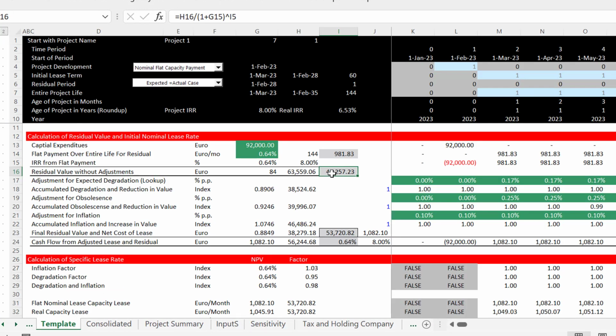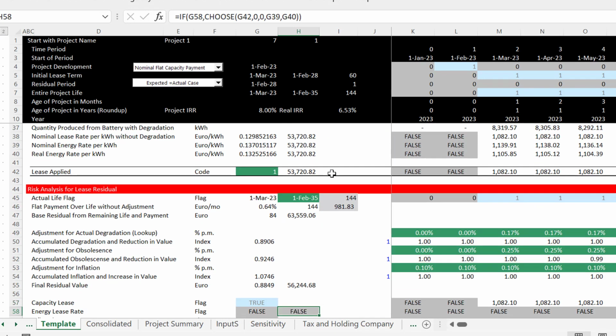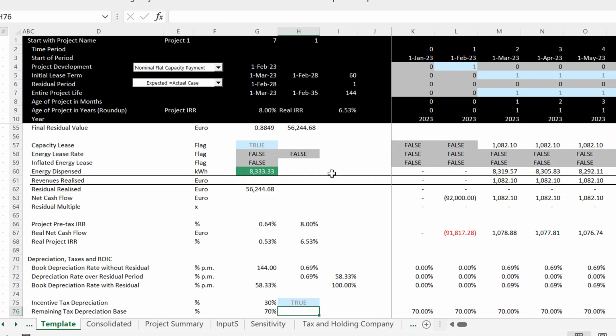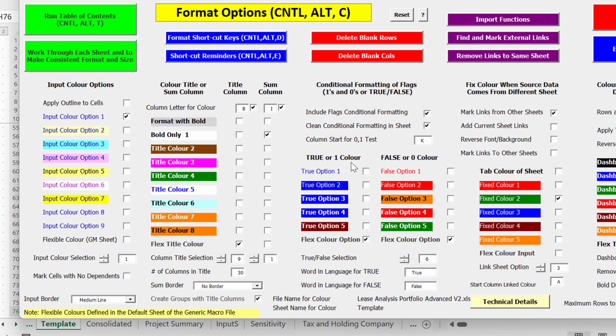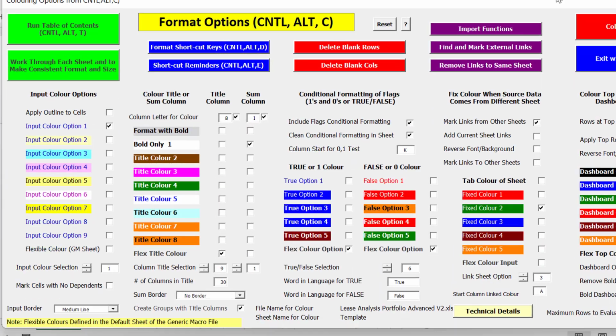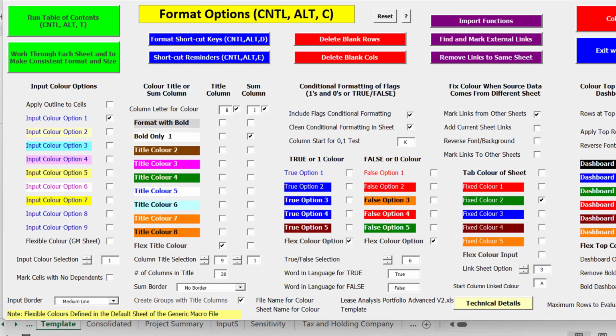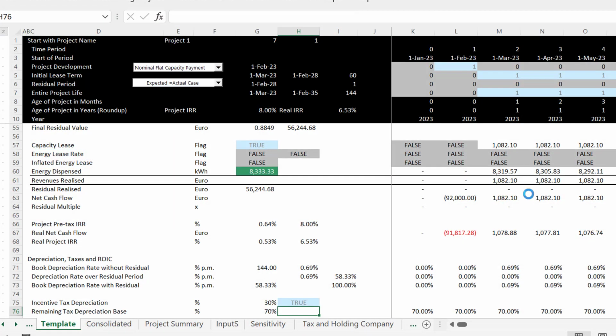When I started to do this one, I thought, oh no, this is too simple. We're going to make it a little more complicated. So I put some depreciation and taxes. I've got about 10 things on the top.